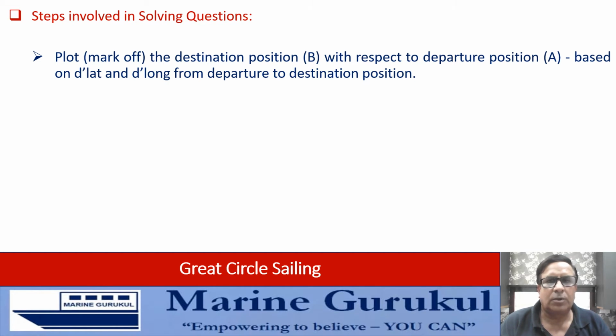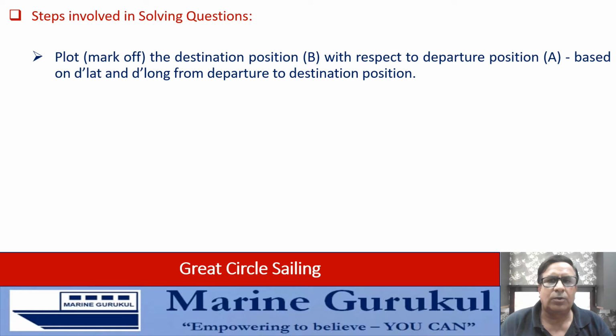If I wish to call the departure position A and destination position B, then I need to mark off B in a relatively correct place with respect to A. What does it mean? It means that depending on the DLAT from A to B, we decide whether B would be marked north or south of A.